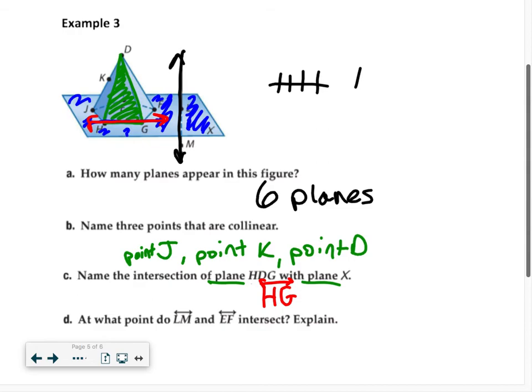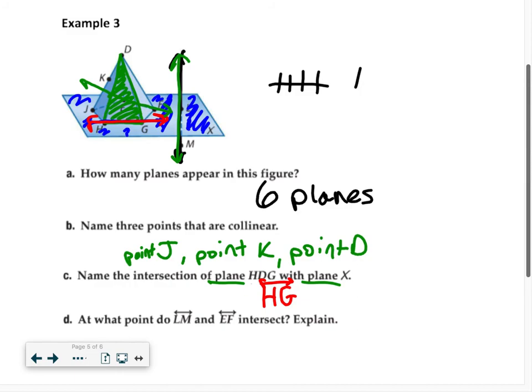And then where do LM and EF intersect? Explain. So LM, where is LM? Did I gum up my picture too much? No, okay, I see LM over here. There's LM. And the other line, EF, where do they intersect? EF would be this here.